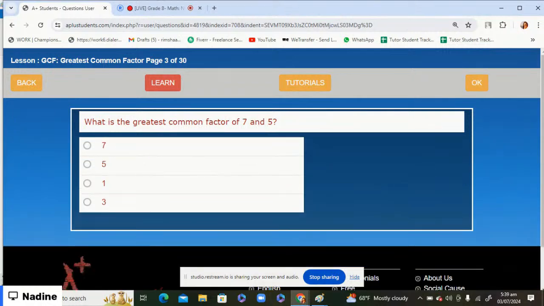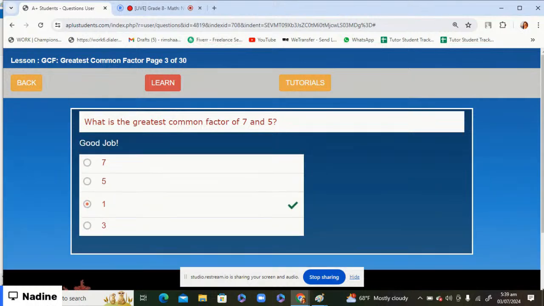Okay, now you guys please solve this one and then tell me. What is the greatest common factor of 7 and 5? There is no common or there is something common in it. Check it out, please, everyone. There is no common in 7 and 1, so we can say that it's 1.